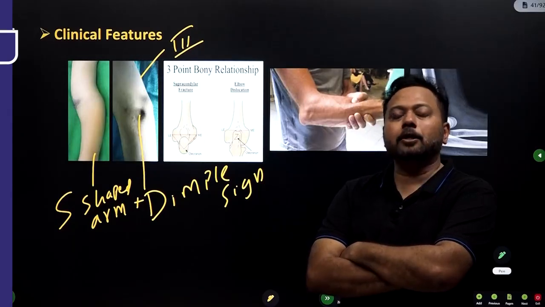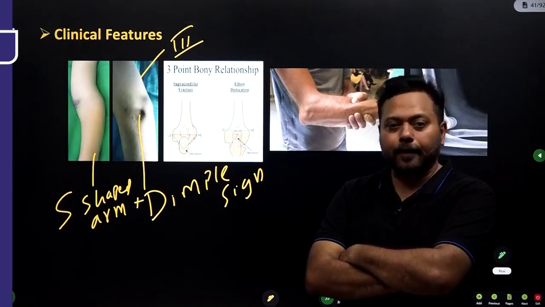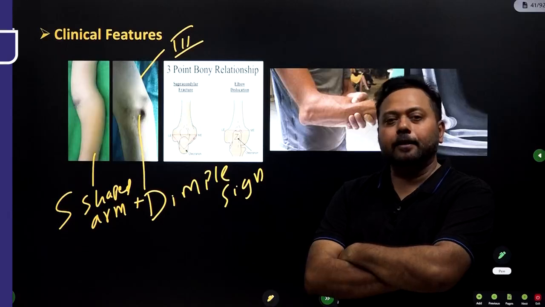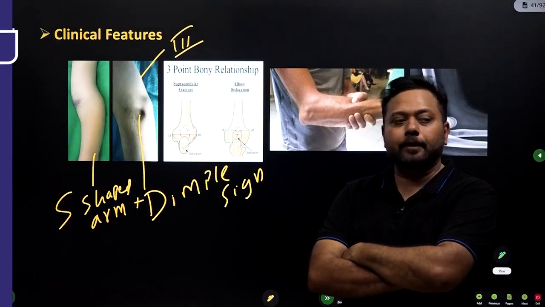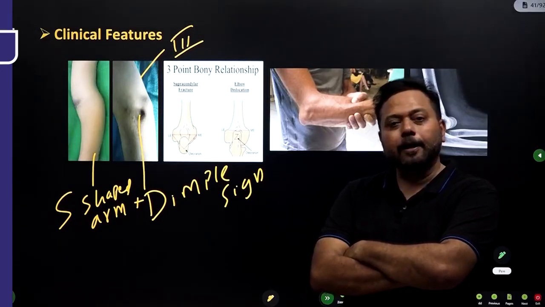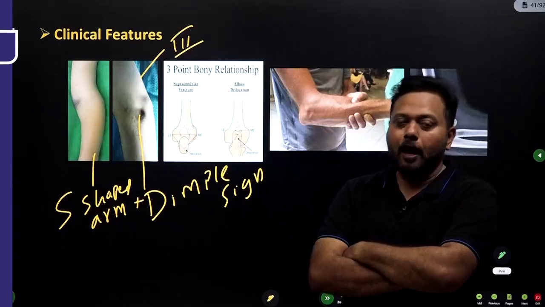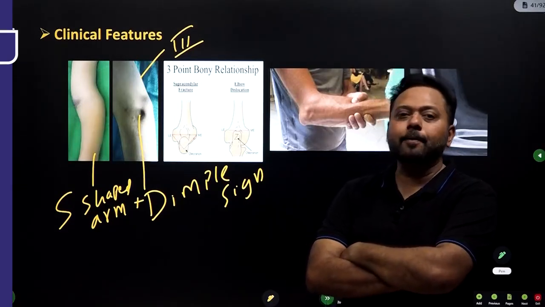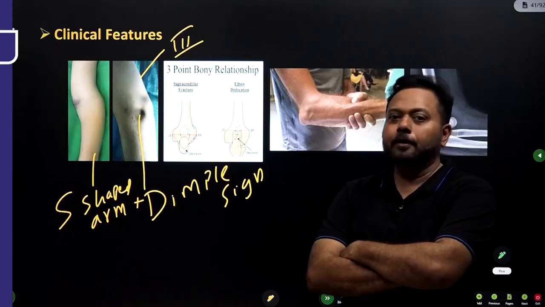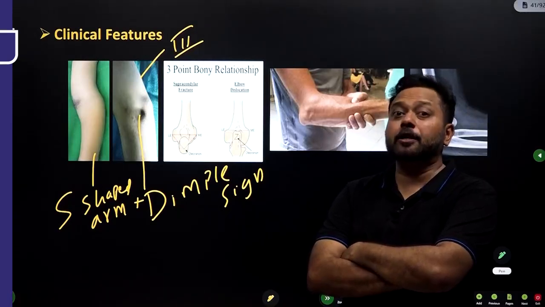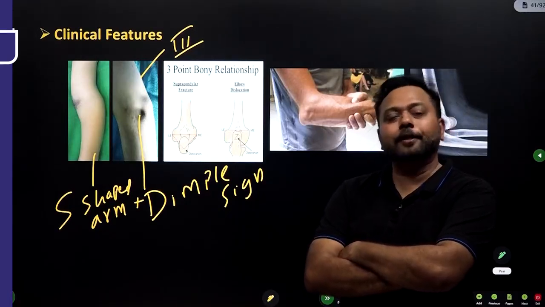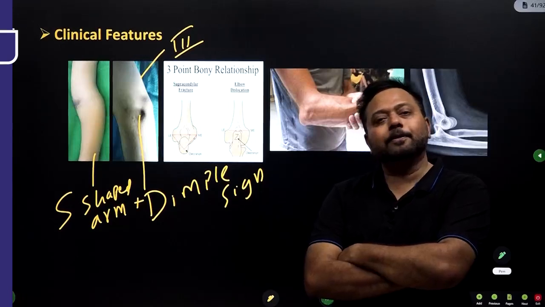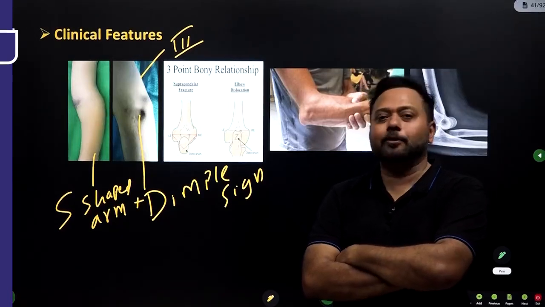The triangle is not disturbed in supracondylar fracture, but is very much disturbed in elbow dislocation. This is how to differentiate an elbow dislocation from a supracondylar fracture.